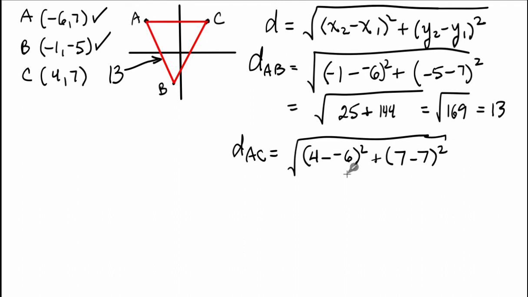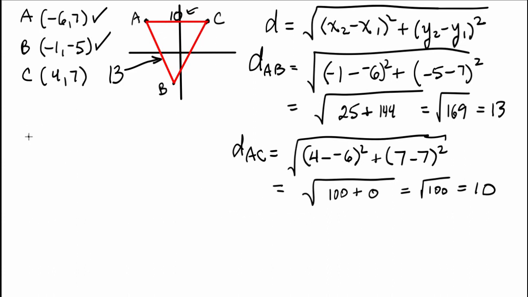Oh, that's just going to be 0 squared. So again, speeding through here a little bit, it's going to be 10 squared, or 100, plus 0 squared, 0, equals root 100, which is 10. So this length from A to C is 10.